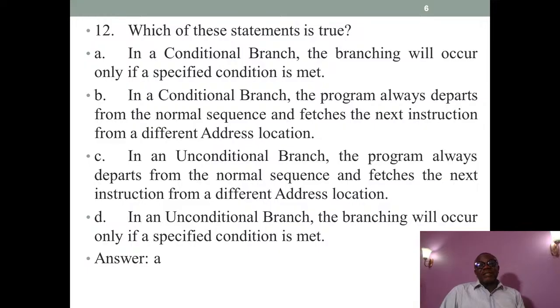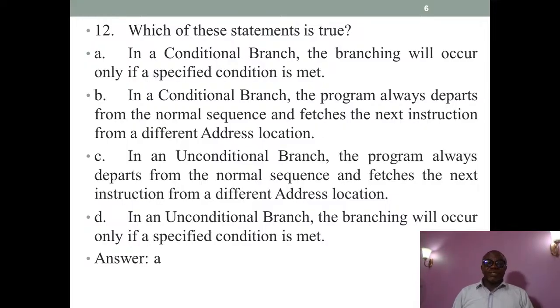So you see that A is the correct answer, because in the second one, the program always departs from the normal sequence and fetches the next instruction from, no. That condition must be met. That is what makes A the correct answer.